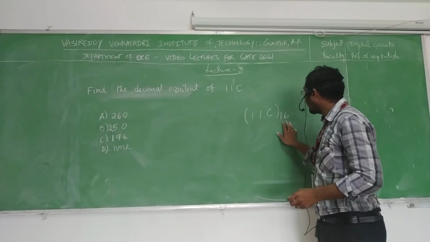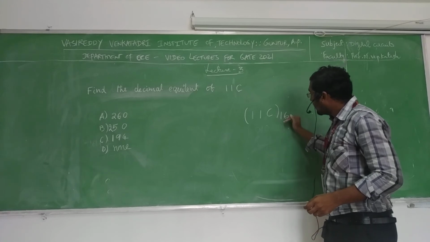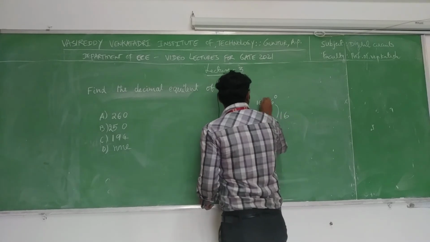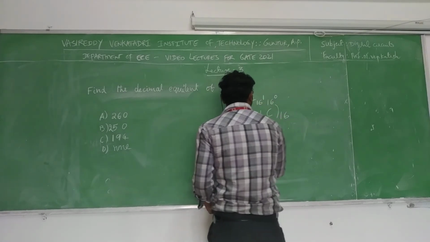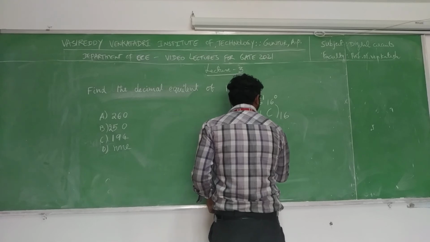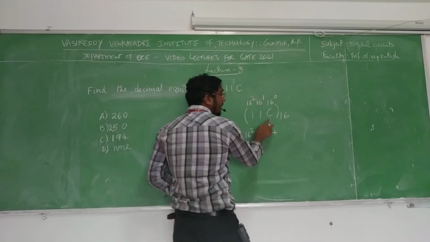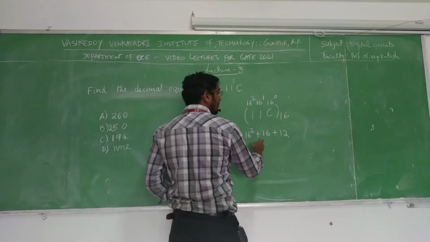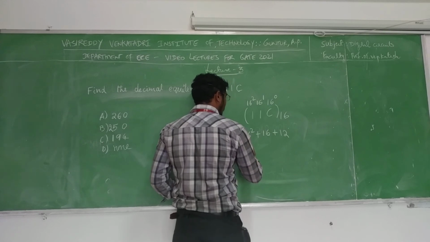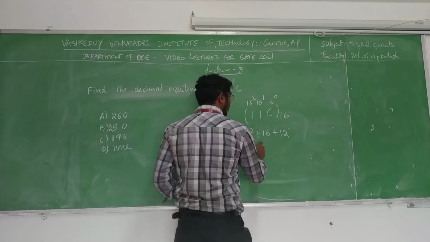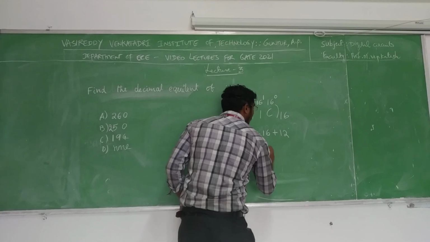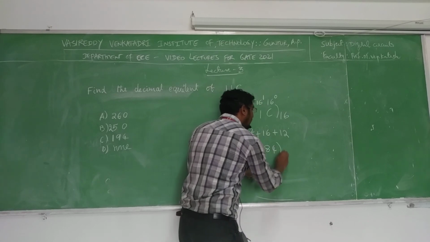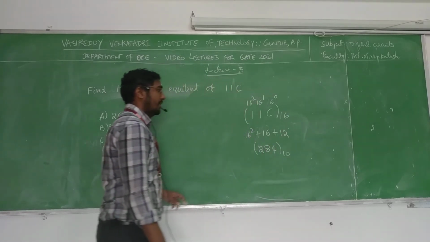As you consider this as hexadecimal, what we do is hexadecimal to decimal. We write 16 powers: 16 power 0, 16 power 1, 16 square. So 16 square plus 16 plus C. A is 10, B is 11, C is 12, so it is 12. So we get 256 plus 16 plus 12, which is 284.